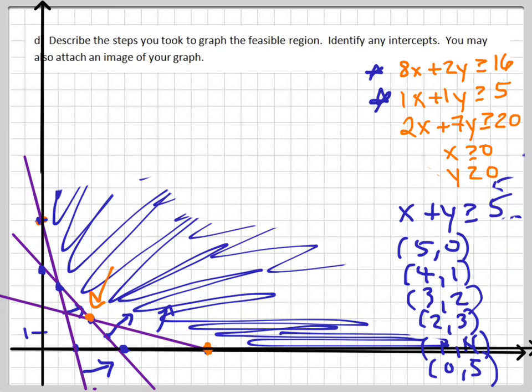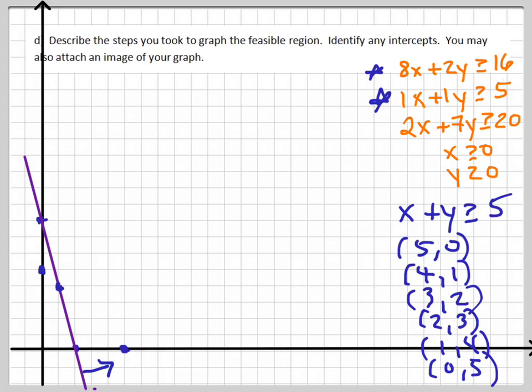Then I'll just draw the line through those points, and let's see if I can get this any closer.